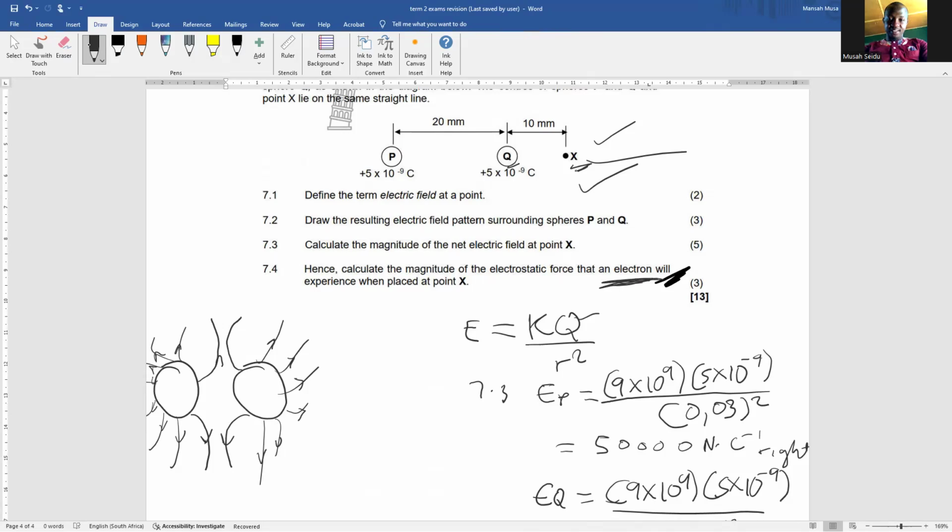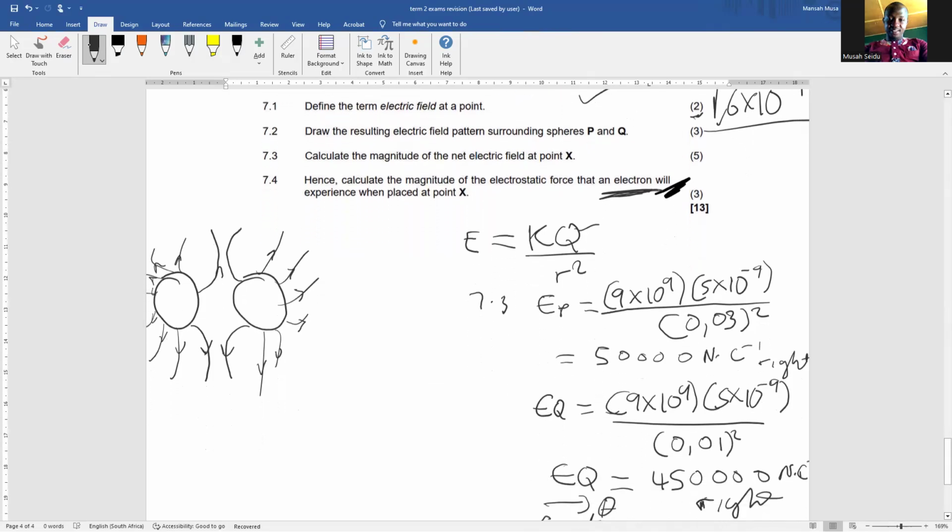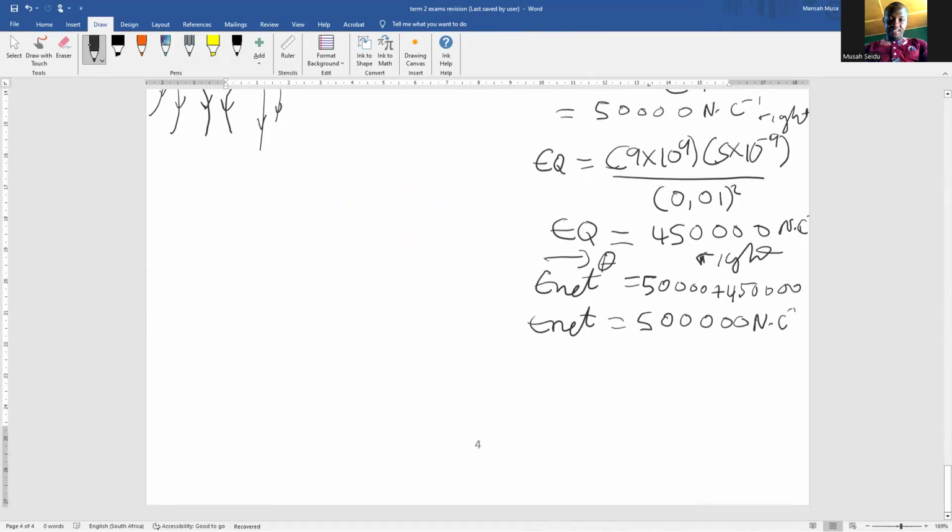So if it is an electron, the electron has a charge of 1,6 times 10 to the power of negative 19. Okay, it is an electron, not one of the charges placed at that point.